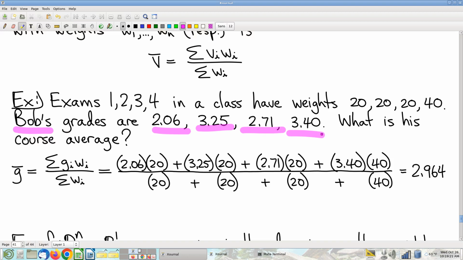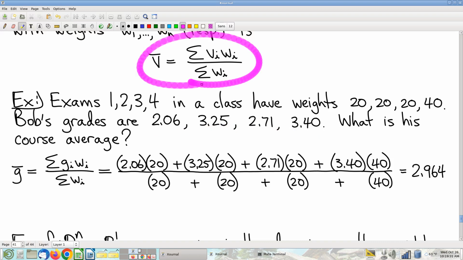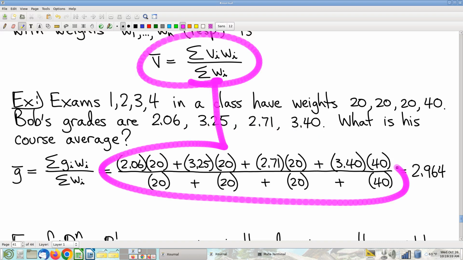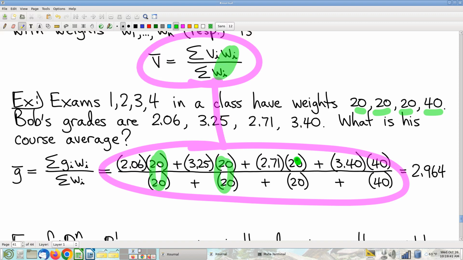Right? You see, Bob got a C on the first exam, then he started bringing things up, and how does this average? And the arithmetic is straight out of this formula. Right, so you'll notice we've got the weights, 20, 20, 20, and 40, right there, right?